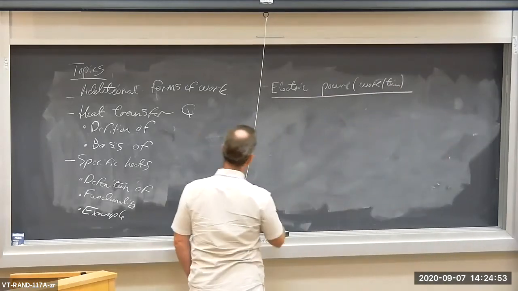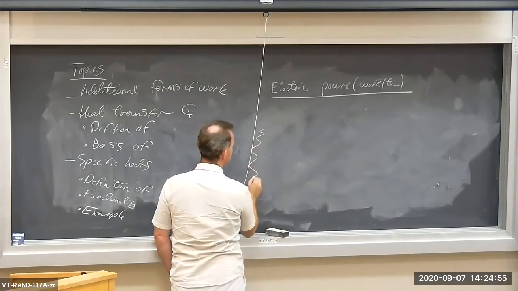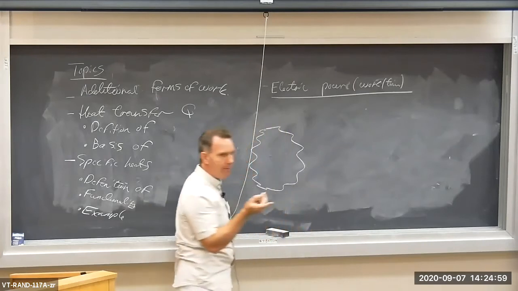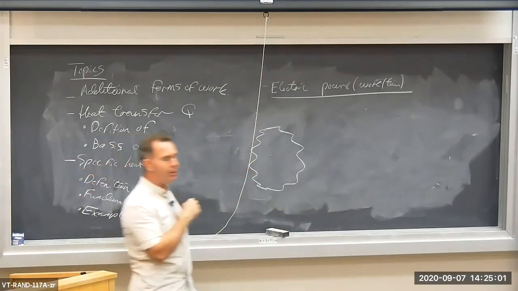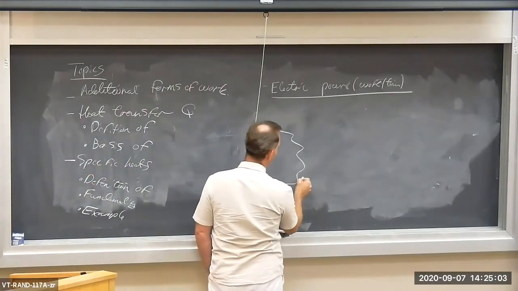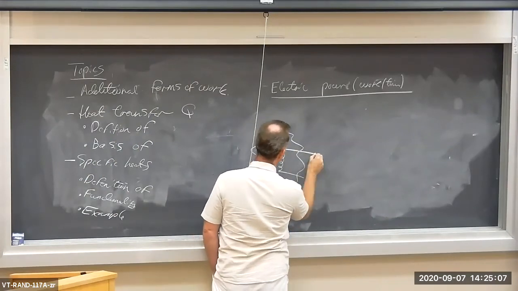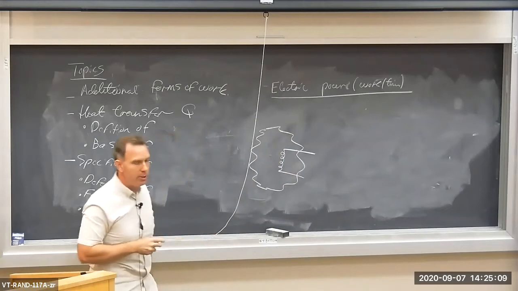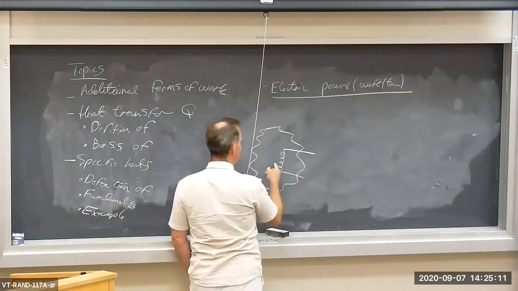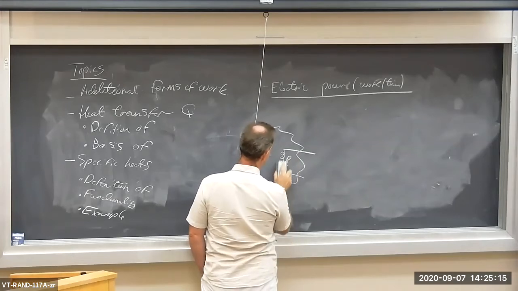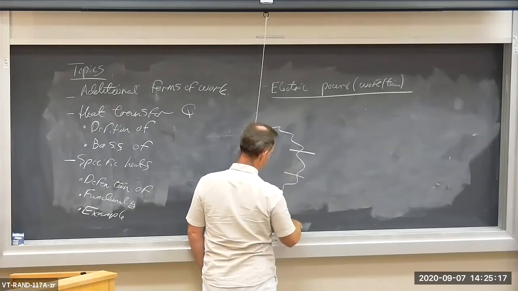So we have a system. So here's our system. And instead of having a shaft in there, we have some wires. Here we have a resistor, or I guess that looks more like an inductor.